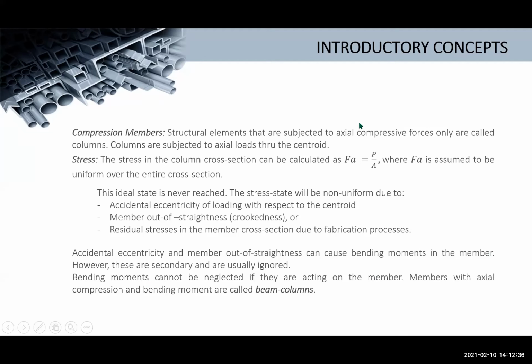So, in this entire discussion, we are again assuming that the entire cross-section has uniform stress. Thus, this is the only equation we will use. The effects of eccentricity and member out of straightness are secondary and ignored. But if a bending moment is actually present in the member itself, say a moment is applied directly on the member, not just the result of these three, we can no longer neglect it and we will call it a beam column, or members with both axial compression and bending moment.